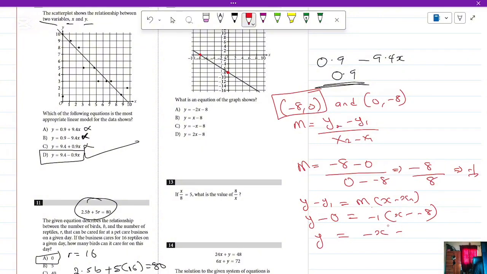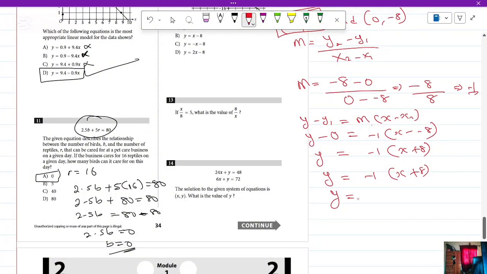Now let me break it down for you here. y is equal to minus 1 times x plus 8, so you have y is minus x minus 8. Can you see the reason why I said the x will surely be negative? So C is your answer.